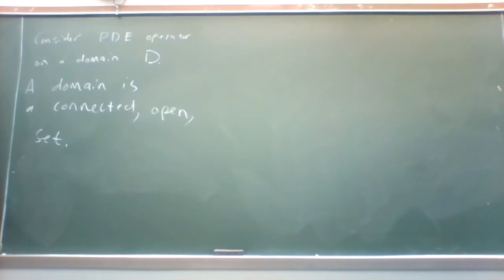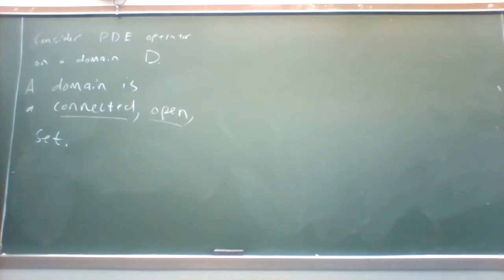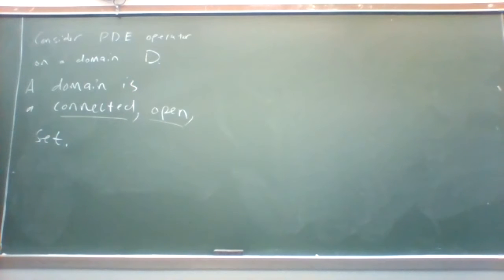And so I need to tell you what is a connected set, what is an open set, so that you can know what are the things that are allowed for PDEs to operate on.